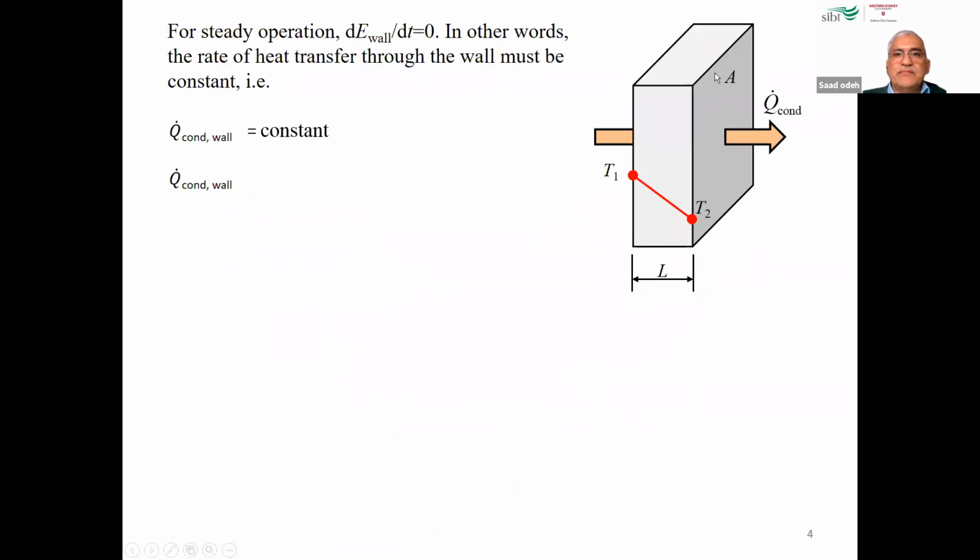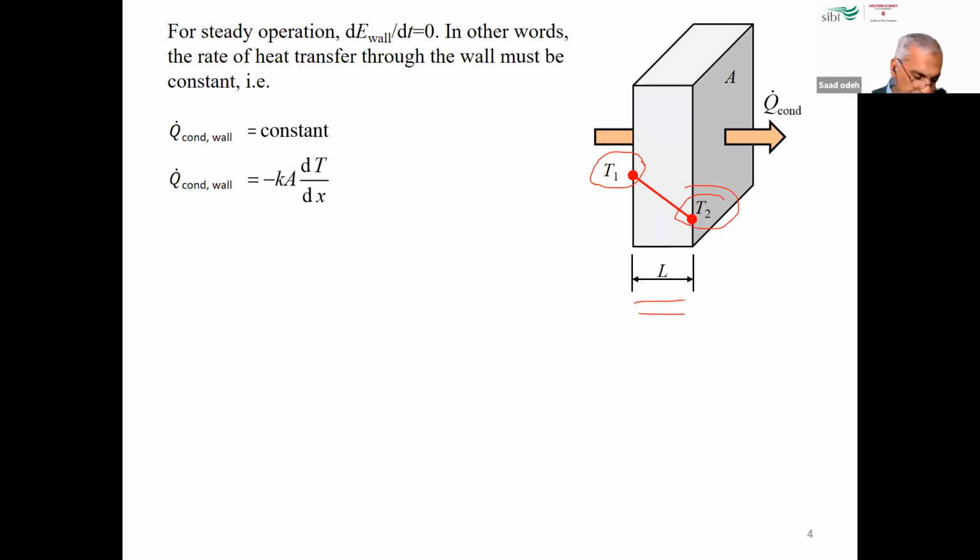Now back to the equation that we use, the Fourier equation. We can write the equation here, which is the one that we put last time: minus K A dT by dx. We said that dT is the delta temperature, temperature 1 minus temperature 2, and dx is the thickness.